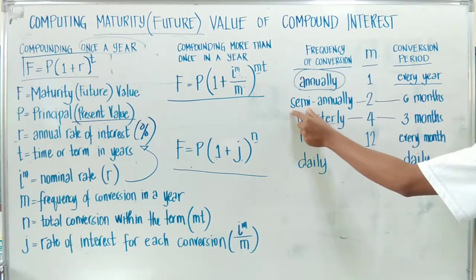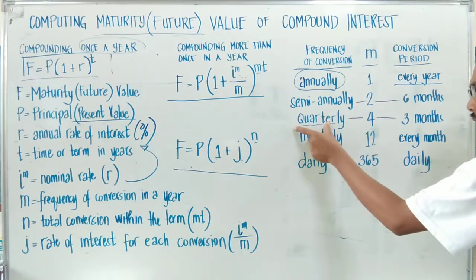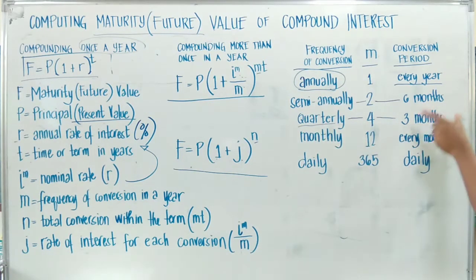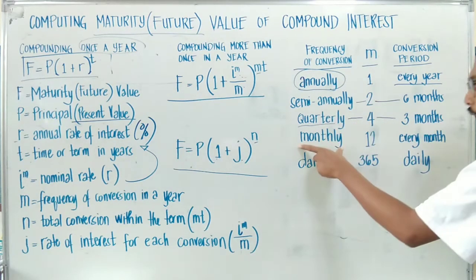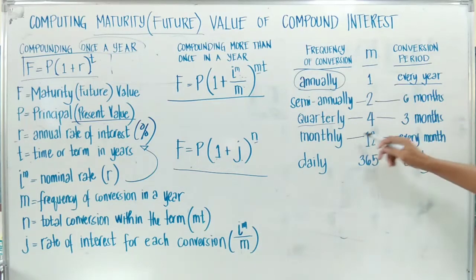Semi is divided by 2, or half. Then quarterly, quarter means 4, so every end of 3 months. Then monthly, of course, every month. So we have 12 months in a year, so the value of M will be 12.